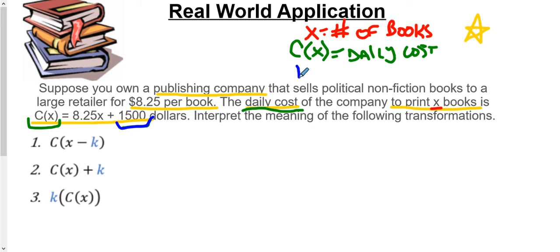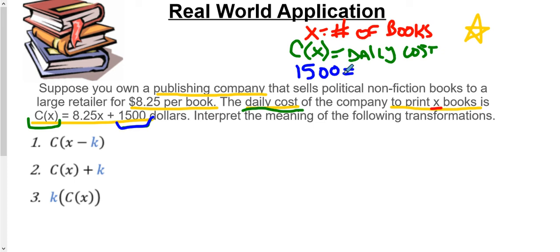So this $1,500 could be things like rent that I have to pay on the building that I've got. It could be like the electric just to turn it on. It could be the cost of running my printing machine. Just turning them on consumes a whole bunch of power. It could be paying my employees, right?